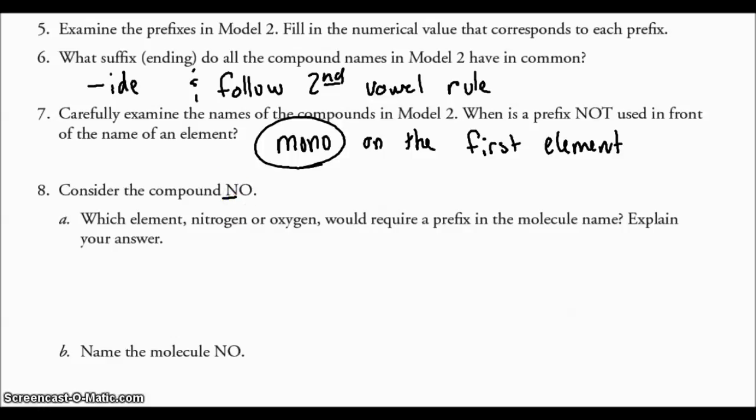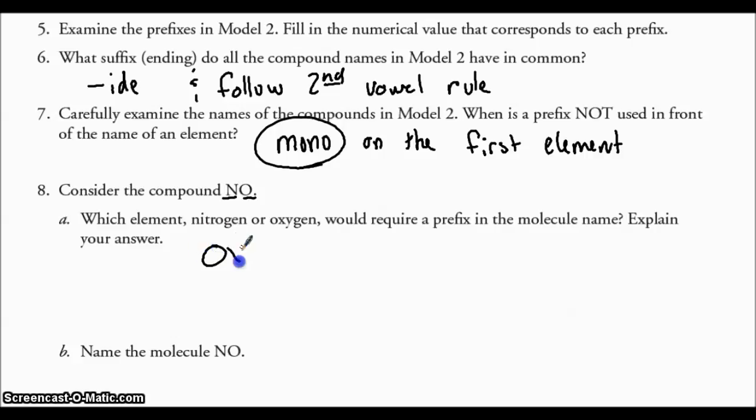The prefix for one is mono, so that won't get it because it's the first one. And then the second one is oxygen, and we already know no matter what, the second element always gets a prefix. And since there's only one oxygen, it would be mono. So we can go ahead and answer this.